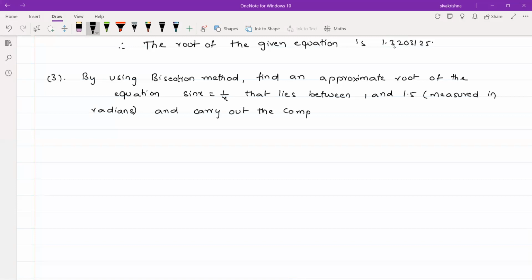It means the calculation up to seventh stage.